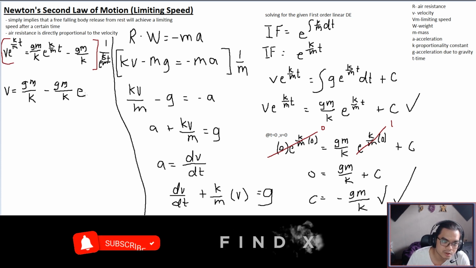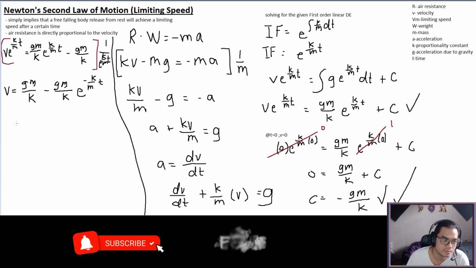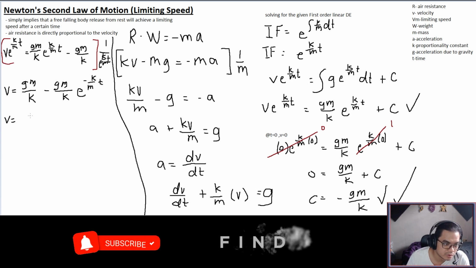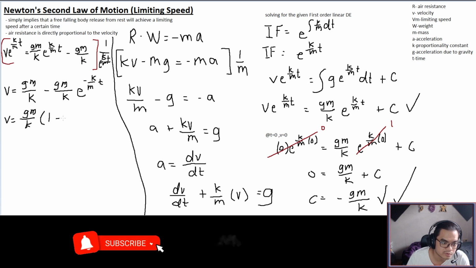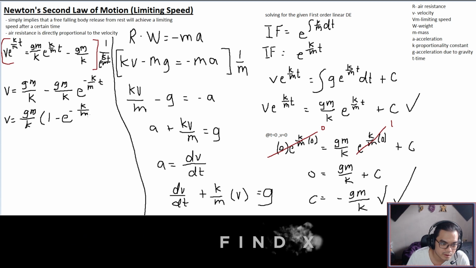So e raised to negative k over mt. I think this is simpler. Now let's factor out gm over k. This is 1 minus e raised to negative k over mt.